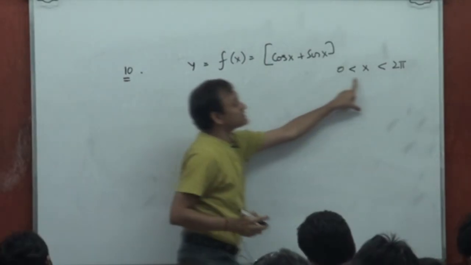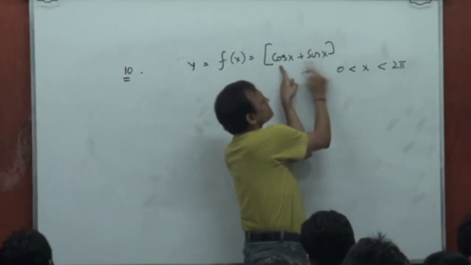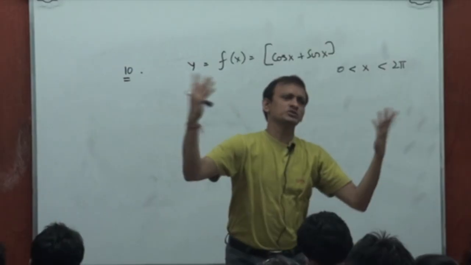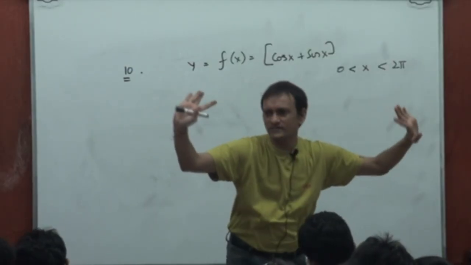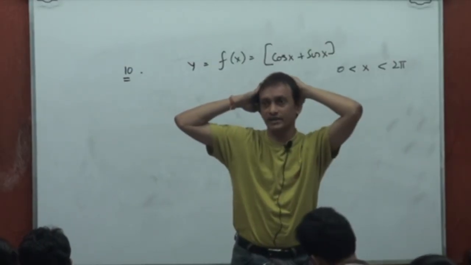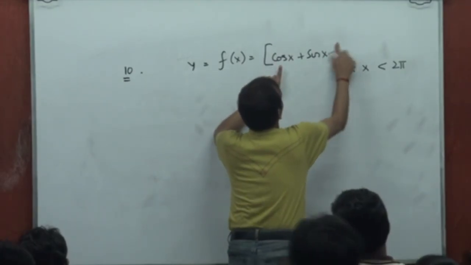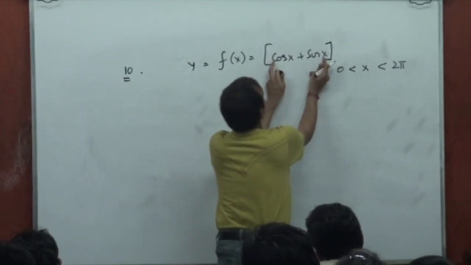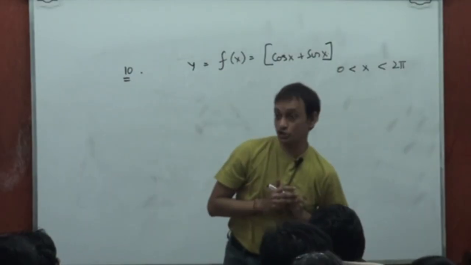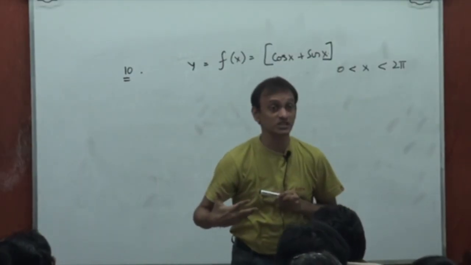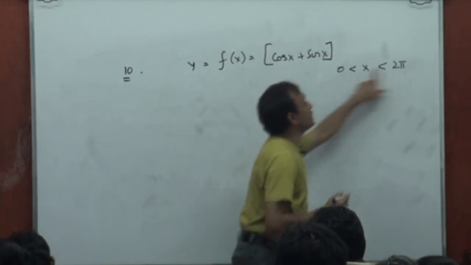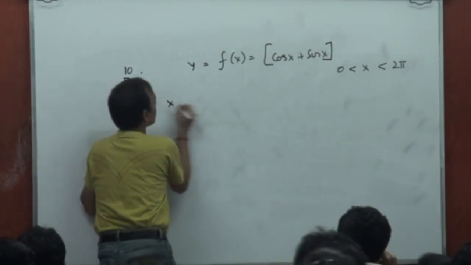In this interval, cos x plus sin x is continuous and differentiable everywhere. So not an issue as far as cos x plus sin x is concerned for any x, right? So those values of x for which cos x plus sin x is an integer would have to be examined. Cos x plus sin x is an integer in the interval 0 to 2 pi.